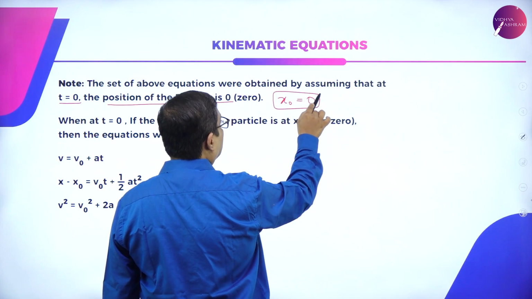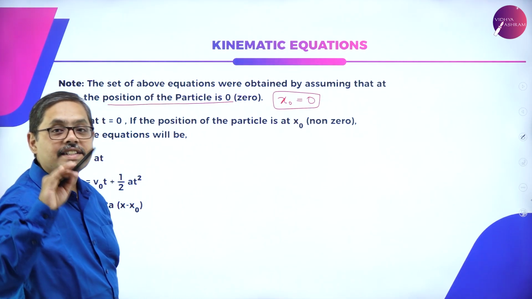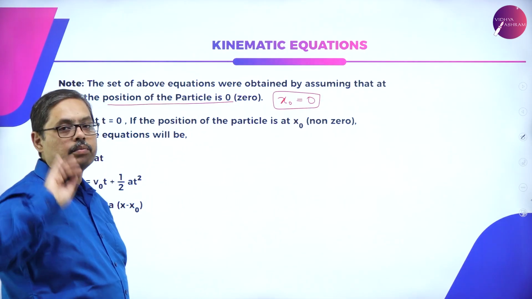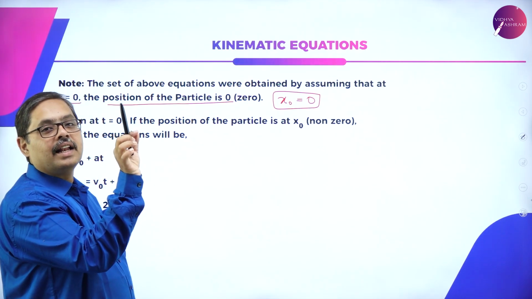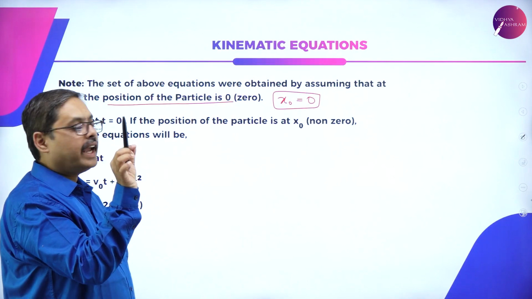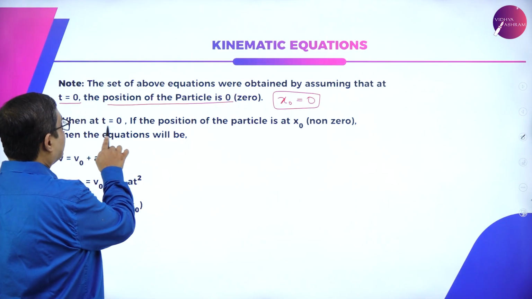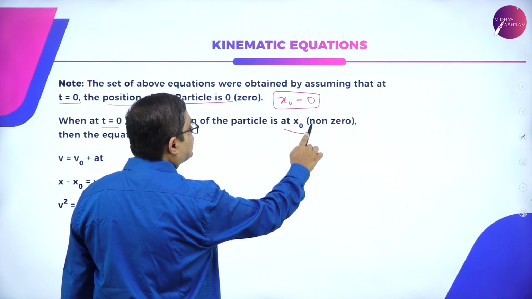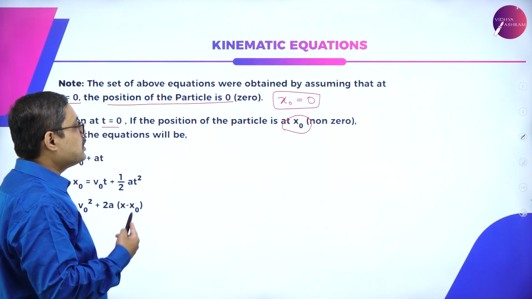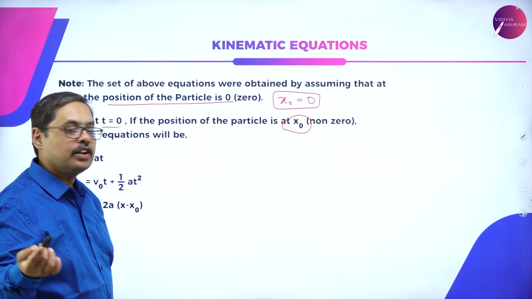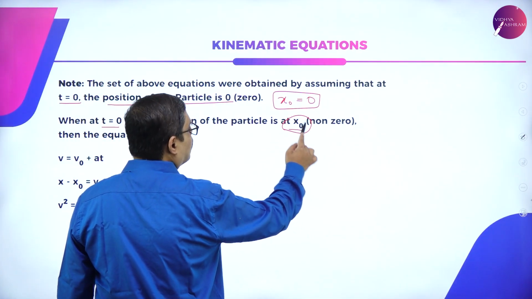Now what happens if it has some initial position? At time 0 the particle is not at 0 but at some non-zero value x naught.